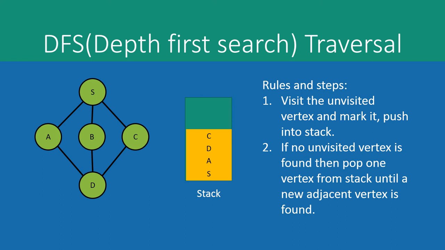All you need to do is keep popping the elements from the stack until the stack is empty, following the same logic. We won't find any unvisited vertex because we already visited all of them, so we just keep popping everything until the stack is empty.